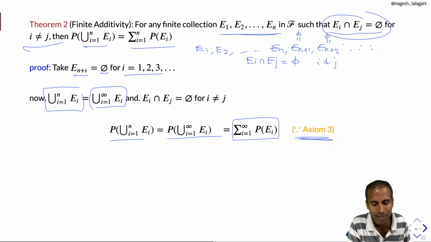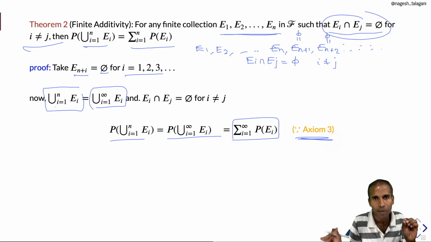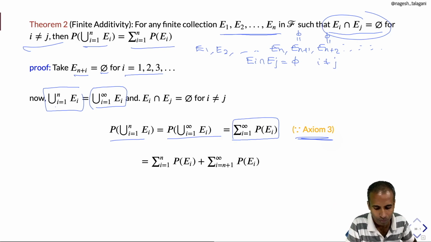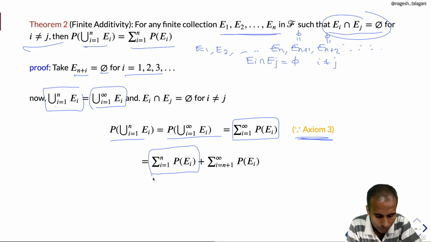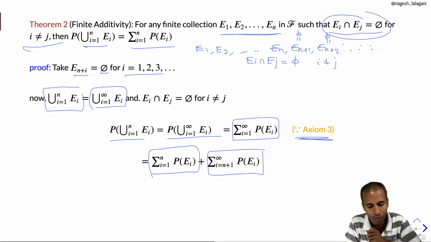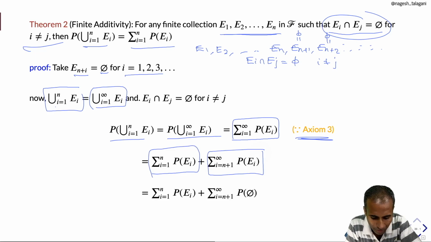Now let us break the summation into two parts, from i equal to 1 to n and from n plus 1 to infinity. Now the right-hand side equals the summation i equal to 1 to n of the probability of Ei plus the summation i equal to n plus 1 to infinity of the probability of Ei. From n plus 1 onwards each Ei is going to be empty, right? Let's replace that. This Ei is empty from n plus 1 to infinity.